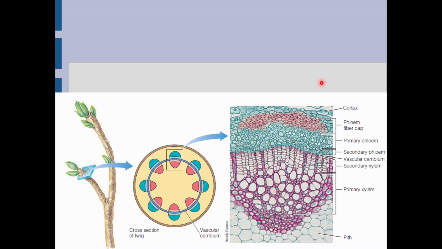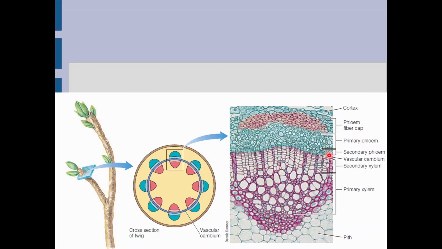So the vascular bundle will make a secondary growth, and that leads to the increase in the corpus.